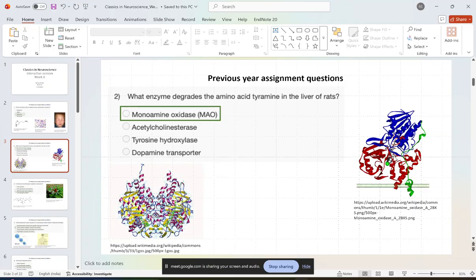And here it is actually in complex with other molecules like FAD. So this is an image of monoamine oxidase B. And these are slightly different in terms of the substrates that they interact with, but both have been shown to be involved in the catabolism of dopamine, for example. So monoamine oxidase is basically an enzyme that can degrade amino acids such as dopamine.